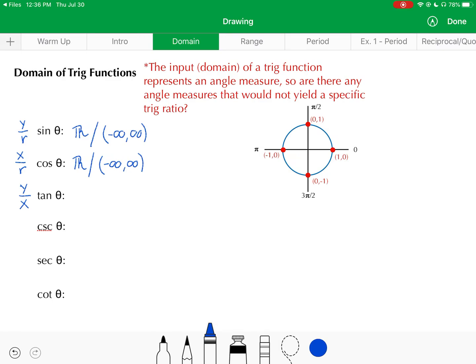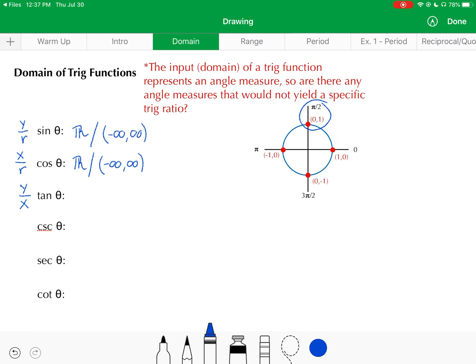Look at the first angle measure on that unit circle that's defined by a point whose x value is 0. That would be right here at pi over 2. The point that defines it is 0, 1. So that means pi over 2 has to be excluded from the domain of the tangent function.